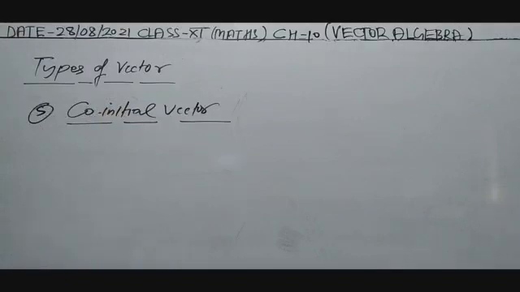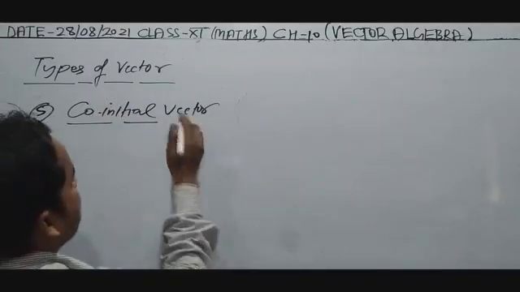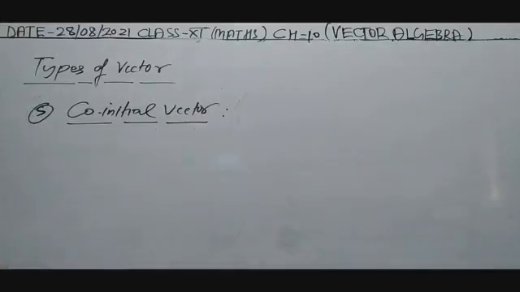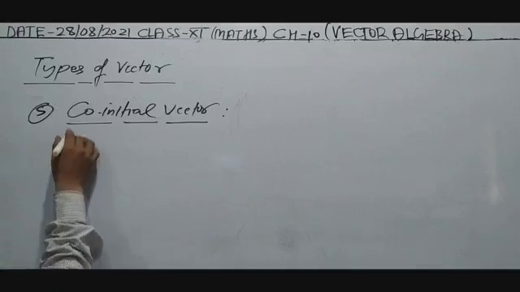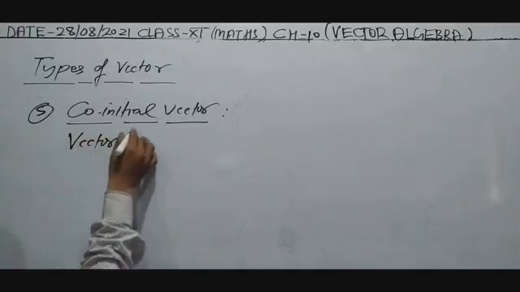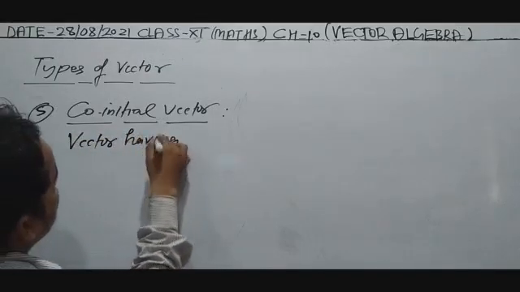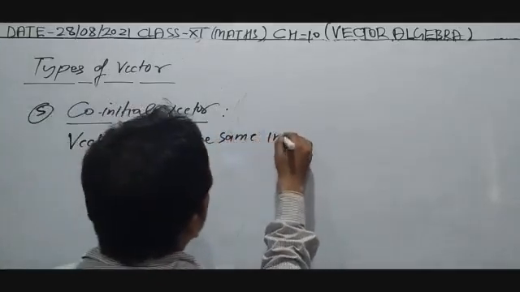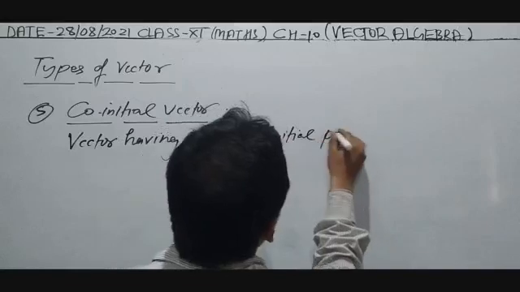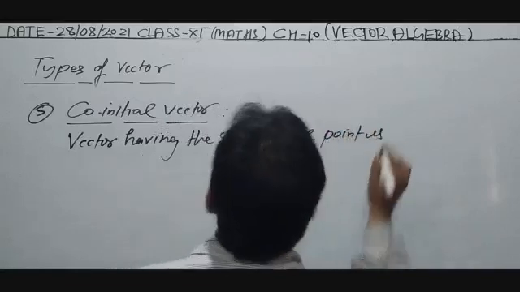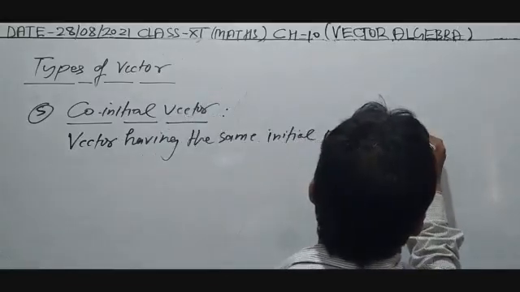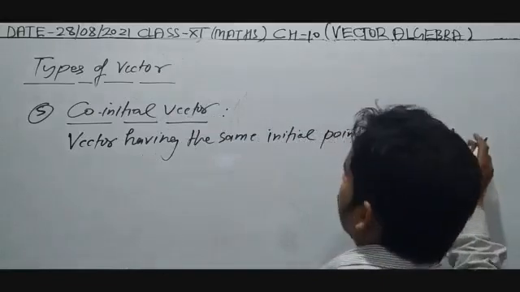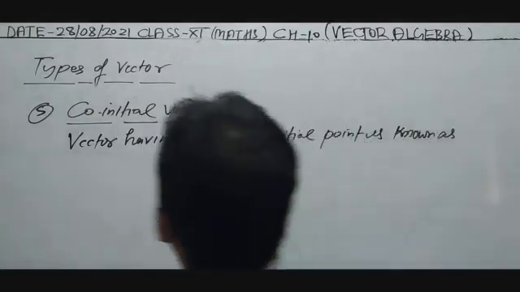It is a type of vector having the same initial point. Vectors having the same initial point are known as co-initial vectors.